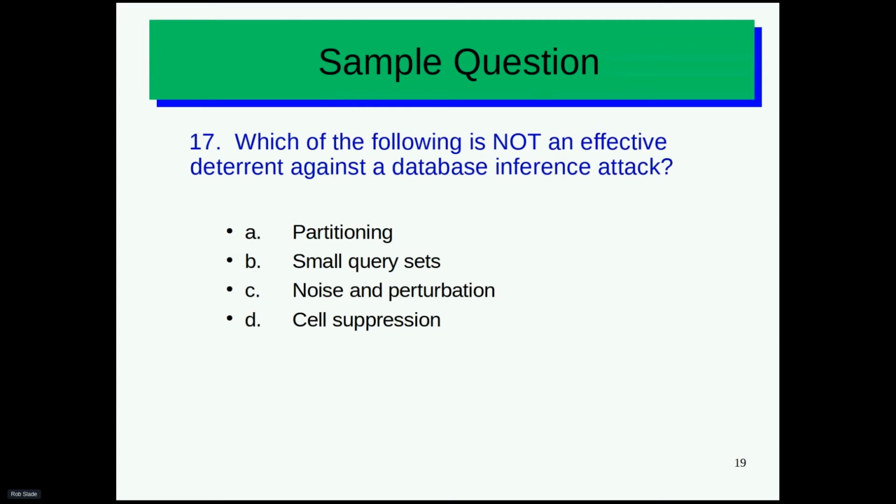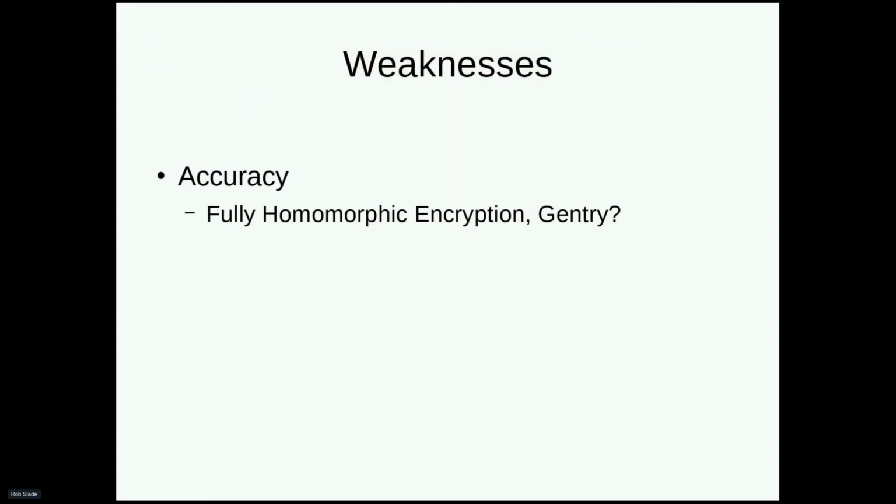Because you get down to noise and perturbation and people think, oh, you don't want noise and perturbation in there. Actually, that's a very good, effective deterrent against database inference attacks. So people really don't understand the weaknesses in the system.